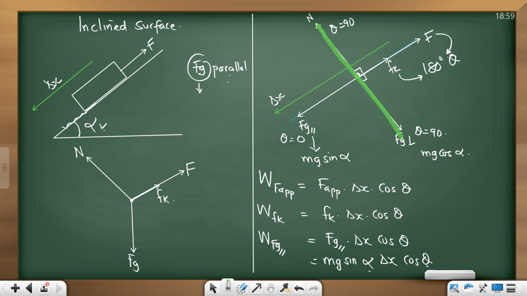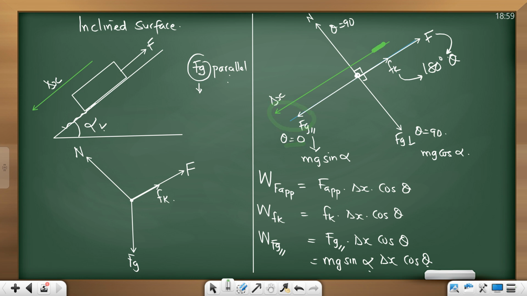So I have my free body diagram, right? The first explanation I gave you is to look at the direction of the force and the direction of the displacement. If they are in the same direction, what's the angle? 0.